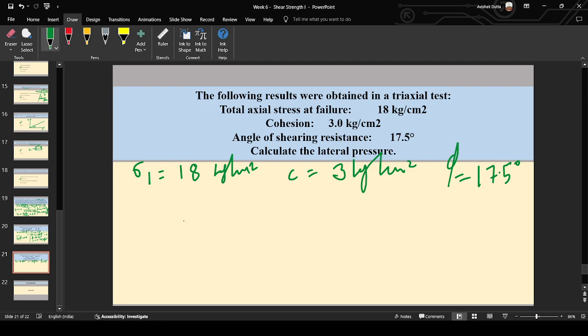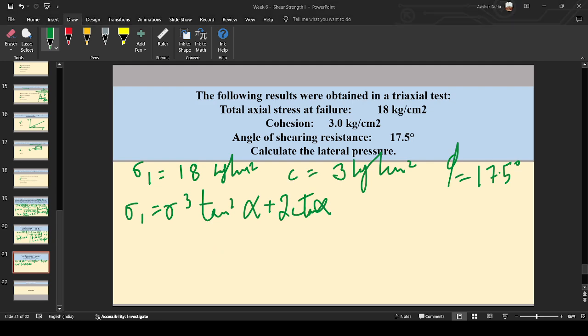So what is the equation? Equation is σ1 equals σ3 tan² α plus 2c tan α. You can use any other equation which is being reframed or modified from this.